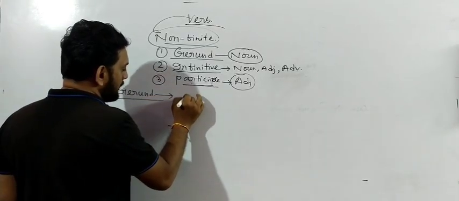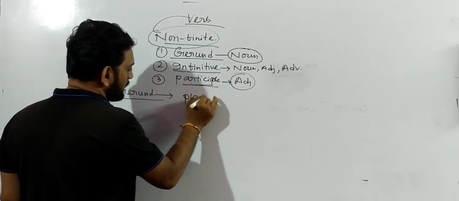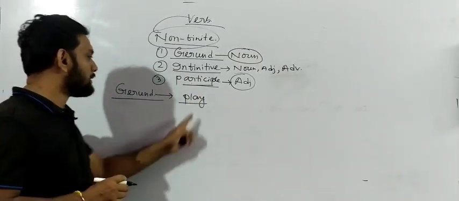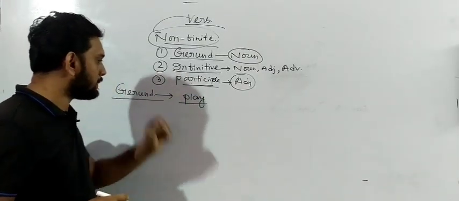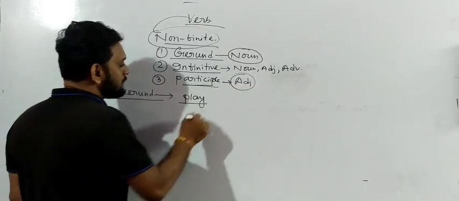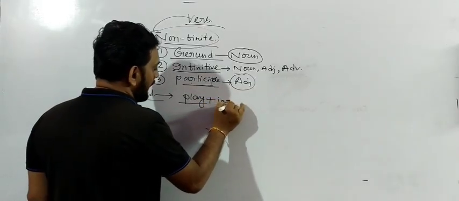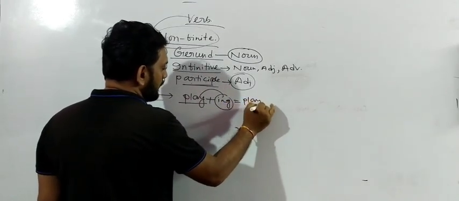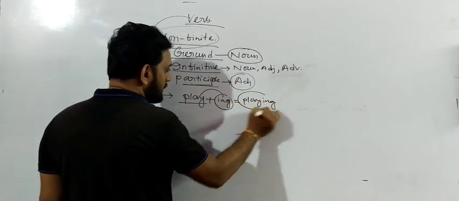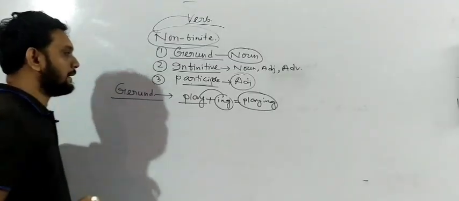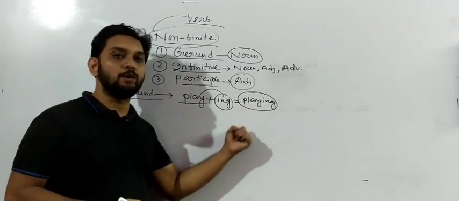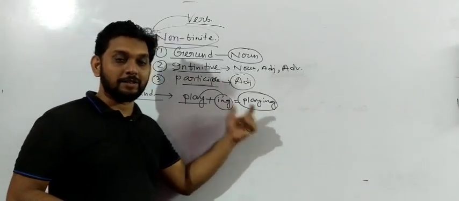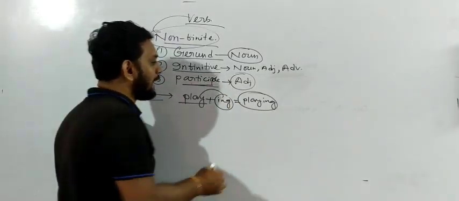Like if I write a verb like play. Play is a verb. Yes or no? First of all, play is a word and it's a verb. But whenever you add ing to this verb, then it becomes playing. And this word playing, whenever we use it as a subject, it becomes gerund form.